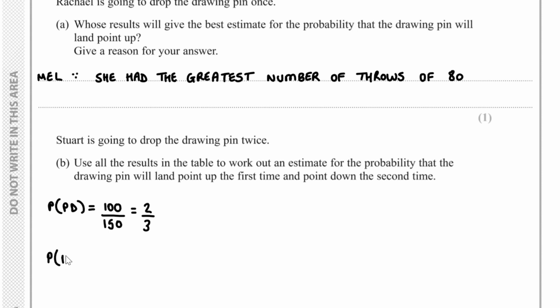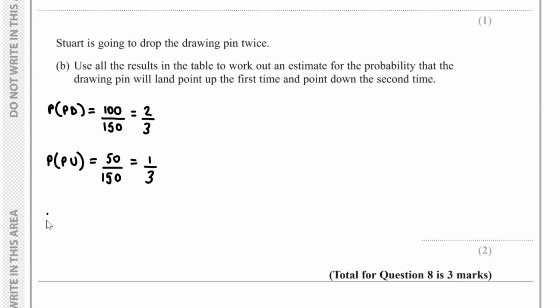The probability that we land pin up is equal to 50 over 150, which is 1/3. So therefore, the probability that we get pin up and pin down is equal to 1/3 multiplied by 2/3, which is 2 over 9. So we get 2 over 9.